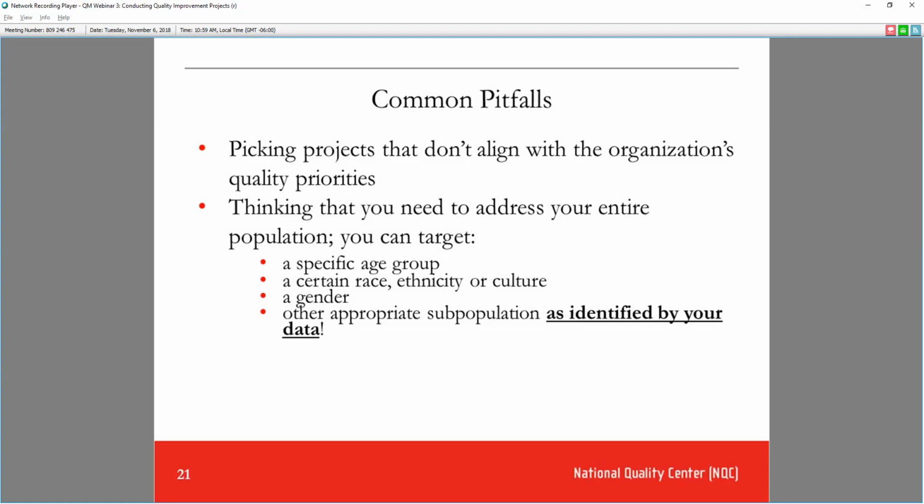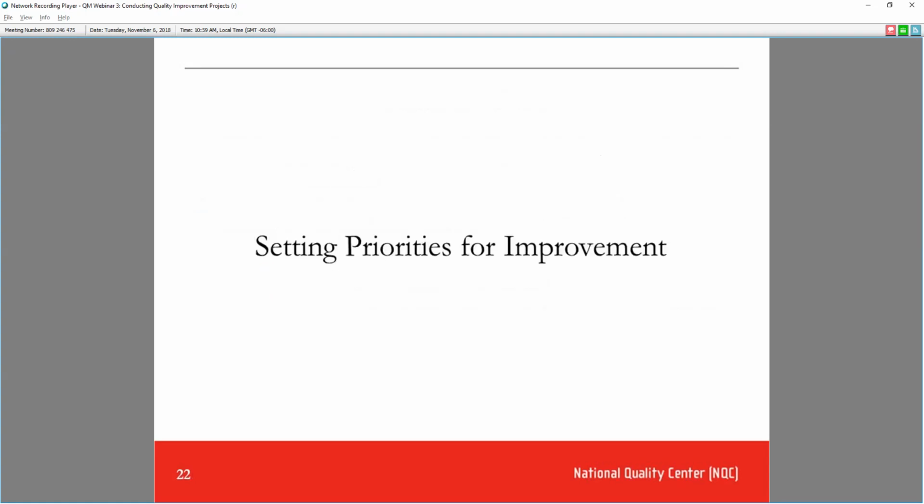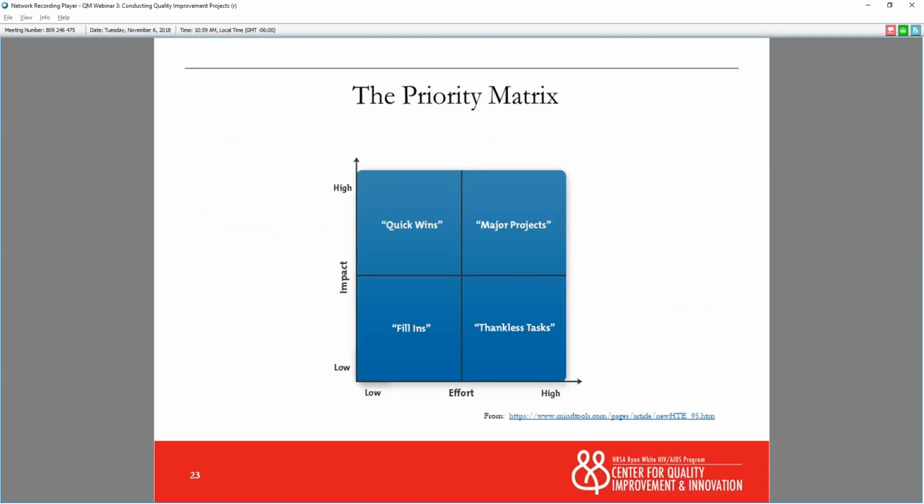It's those kinds of targeted things that produce results, we hope, over time. So, setting your priorities. This may look pretty simplistic to you, but you'd be amazed at how it works out in practice.